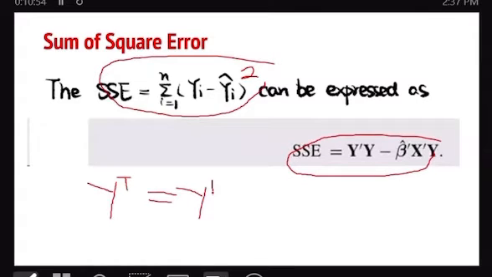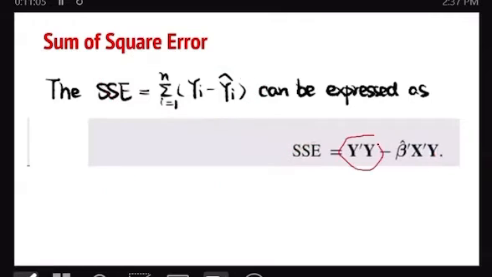It's the same. You can use that as transpose or the other one, it doesn't matter. Now, if I ask you to get the sum of square error, of course, that is y transpose times y. You already know y, and you know this guy, X transpose multiplied by y.